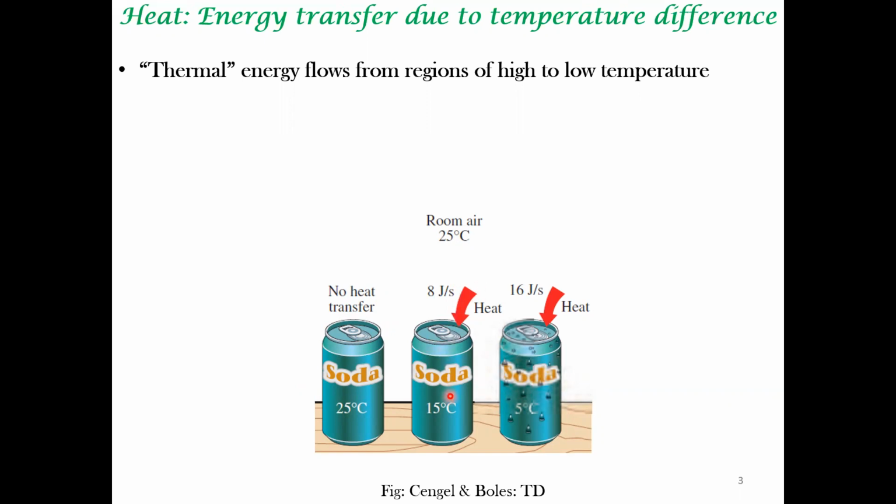In this case, the temperature difference is less, so the heat transfer rate, 8 joules per second, is less. When the temperature difference between the 25 degrees centigrade room air and the soda can is more, the heat transfer is more, right? So in all these cases, the soda can allows for heat transfer, so it's not thermally insulated. We look at this constraint a bit in a slide or two.